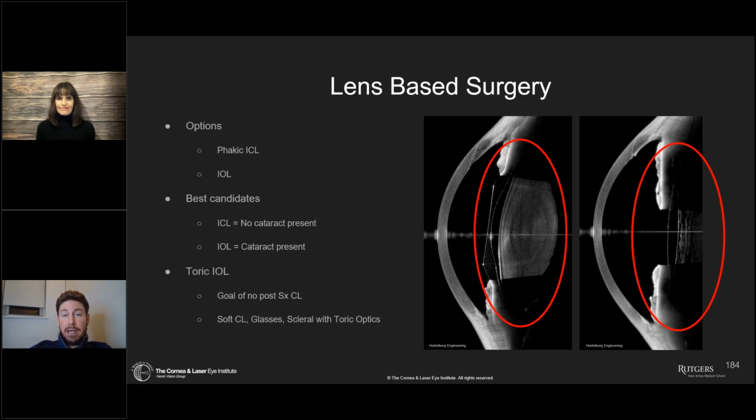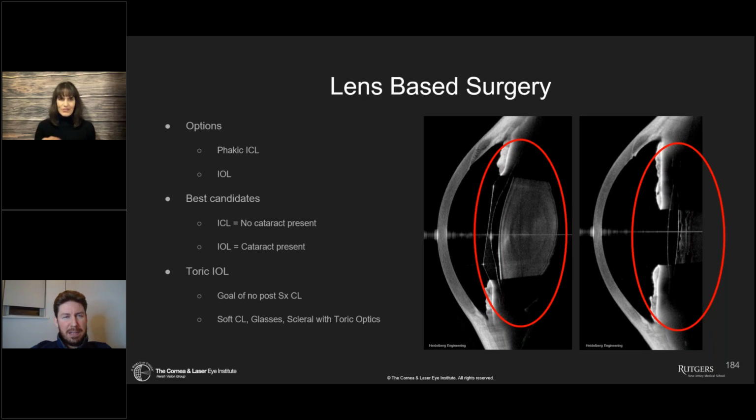It used to be a huge no for toric IOLs and contact lenses, but now with innovations in custom soft lenses, in scleral lens optics, and even just using glasses over the top with cylinder correction in it, toric IOL options are a decent option for individuals as well. So don't be totally afraid when they say that, but go from there.